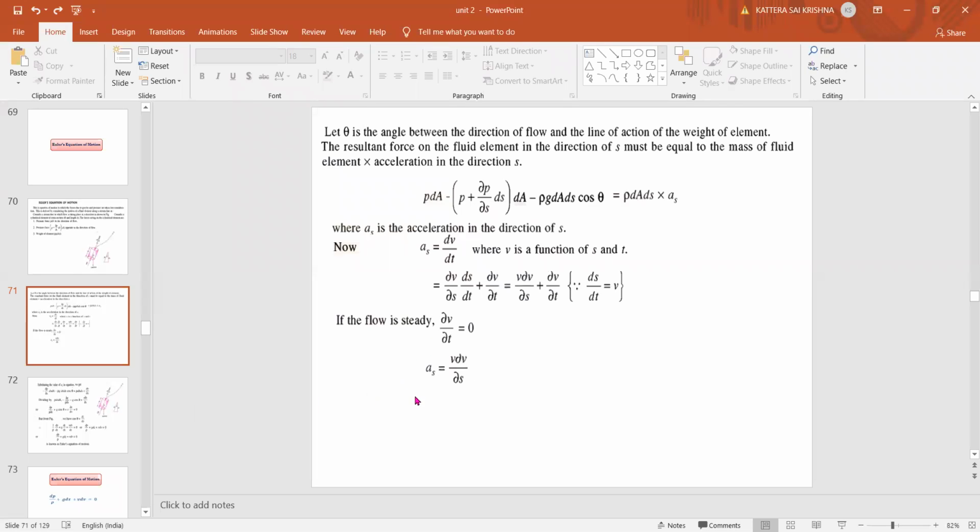You can take this a is equal to v ∂v/∂s as equation number 2.